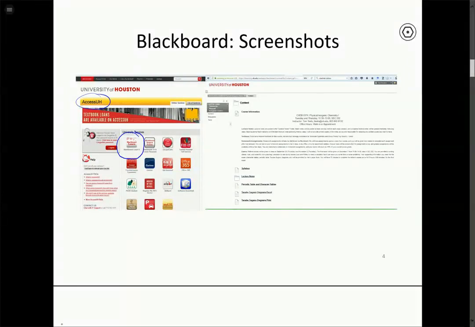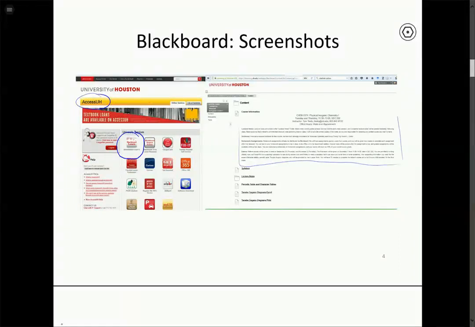It's possible that other courses you're taking will use Blackboard as well, so you'll have a few courses to choose from. Once you get into my course, the homepage looks like this. I have some important information to read here about lectures and exams and homeworks.